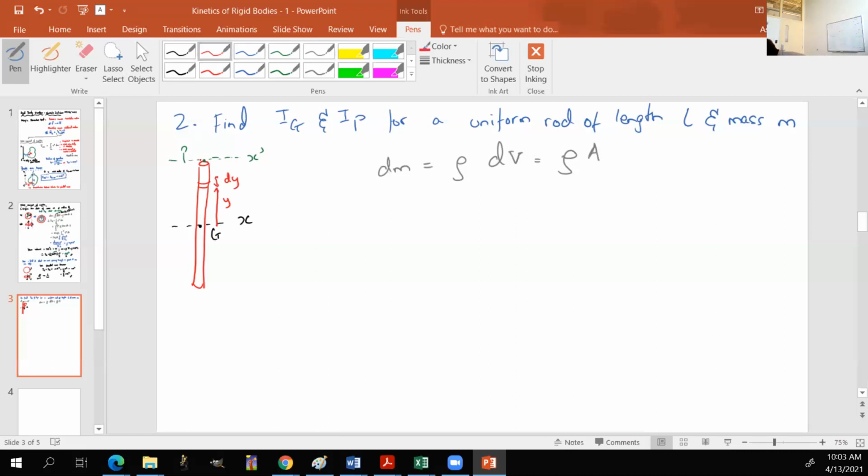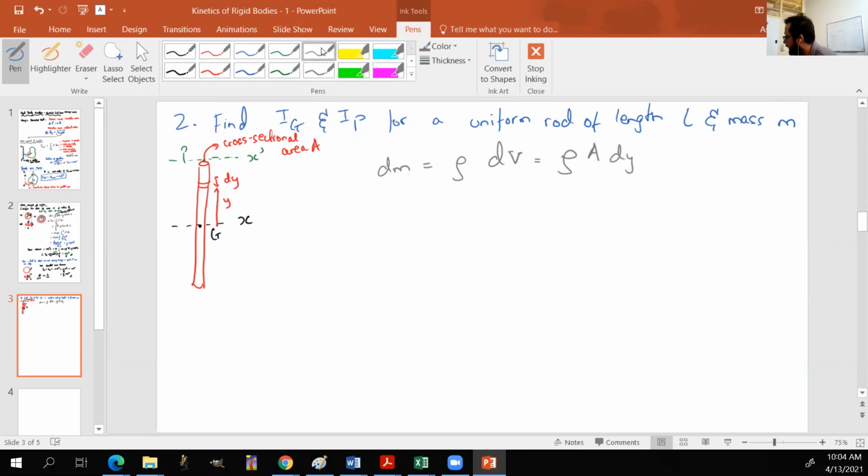I'm going to draw it out, that guy there, times the height of this differential element, which is dy.